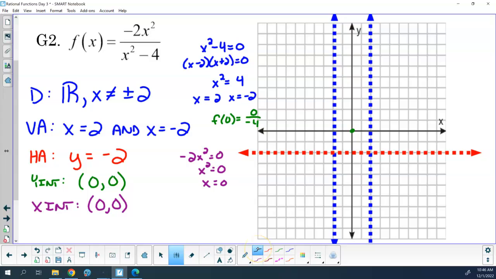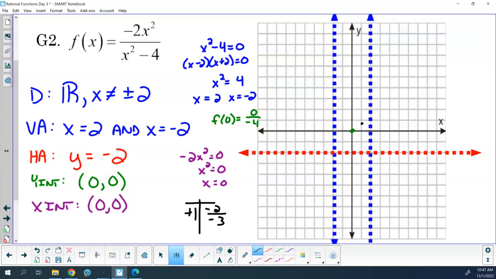So let's figure out, actually let's make it easier on ourselves. Let's put in positive 1. 1 squared is 1, times -2 is -2. 1 squared is 1, minus 4 is -3. So -2 divided by -3 is 2/3.